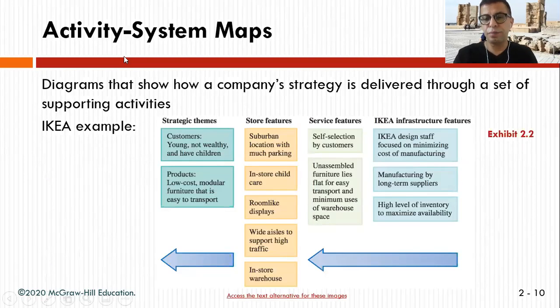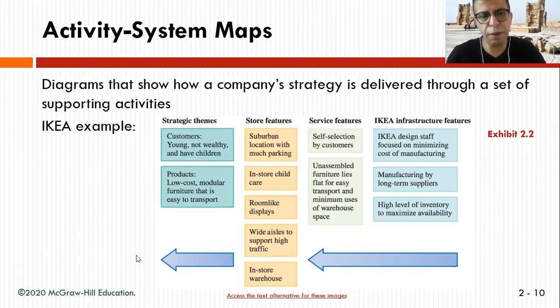So if we look at IKEA, for example, most of the companies look at their customers, and they work backward to make sure they can see how things can perform.